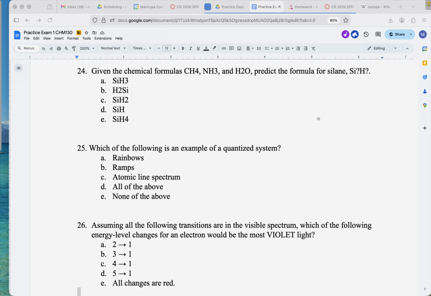So let's go through and take a look at carbon and nitrogen right next to each other. Would I expect them to react the same? No. Why not? They have a different number of electrons. How about nitrogen versus phosphorus? Do they have a different number of electrons? Yes, they do.